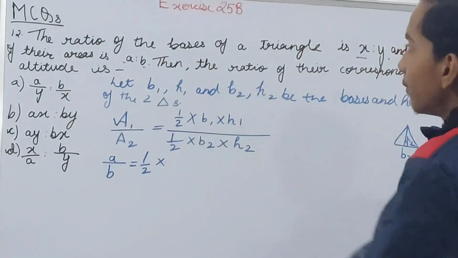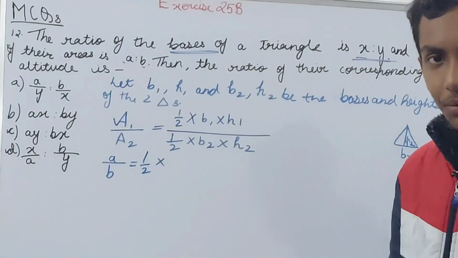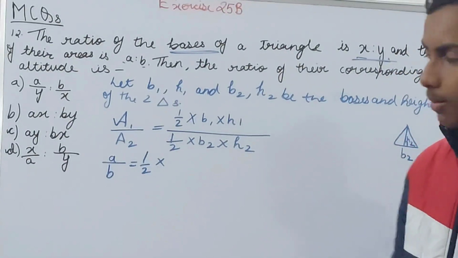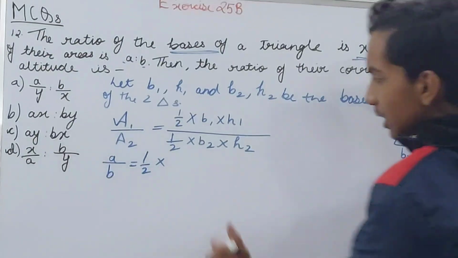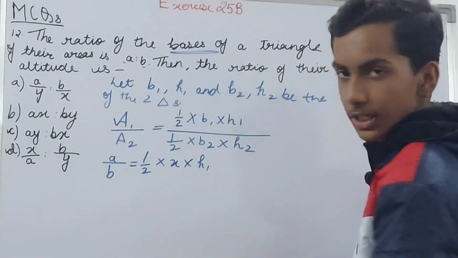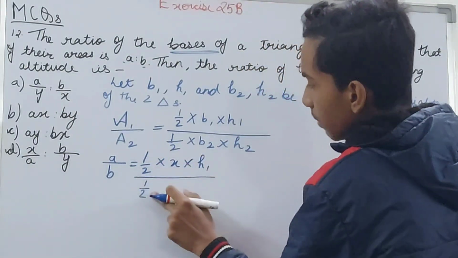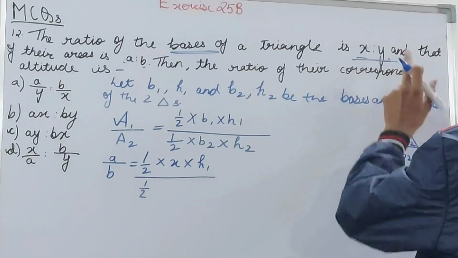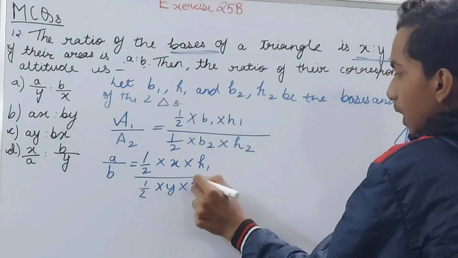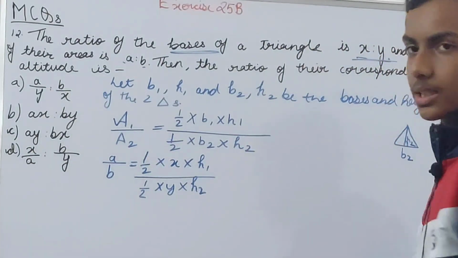We know the ratio of the bases of the triangles is x is to y. Whatever is coming first, put that in the numerator, whatever is coming second, put that in the denominator. First x is coming, so 1 by 2 into x. Into height we don't know, so leave this as h1. Upon 1 by 2 again into b2, so this will be y. So 1 by 2 into y into h2. We don't know that, so leave this as h2.